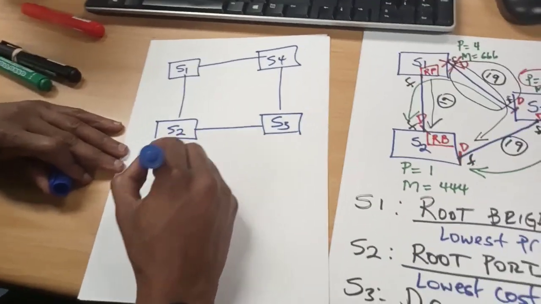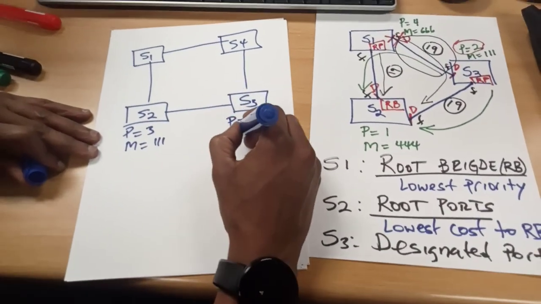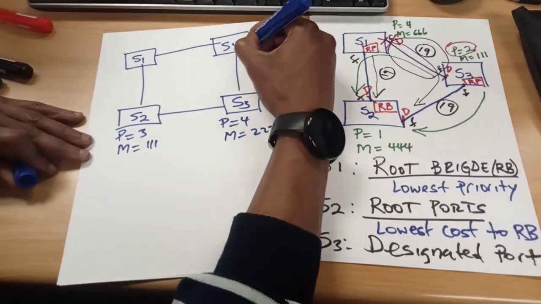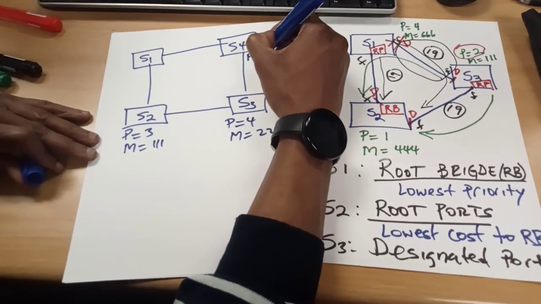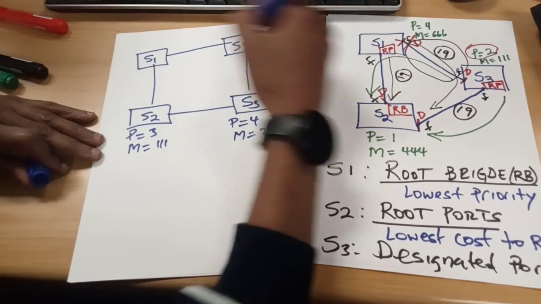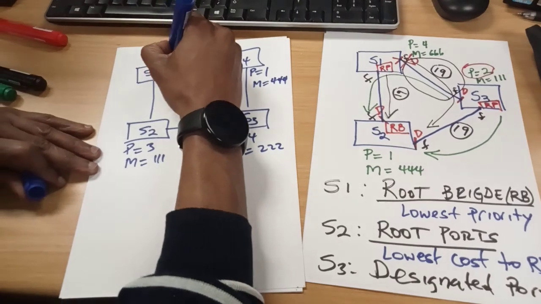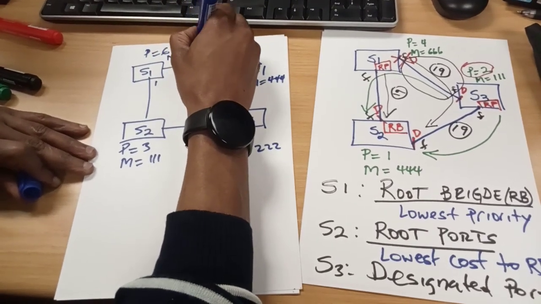Switch 1 has priority 3, MAC address 111. Switch 2 has priority 4, MAC address 222. Switch 3 has priority 1, MAC address 444. Switch 4 has priority 6, MAC address 677.